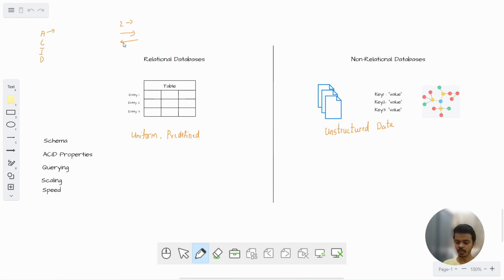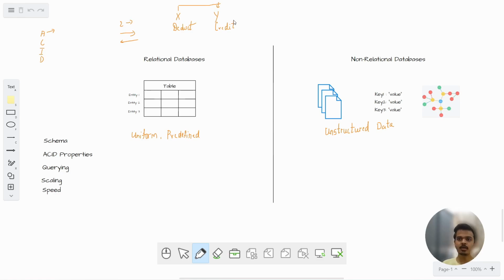So how do we understand atomicity? Let's say there is a banking application, and there is an account X and an account Y. In order to transfer money from account X to Y, you need to deduct from account X and credit in account Y. These two things should happen together.